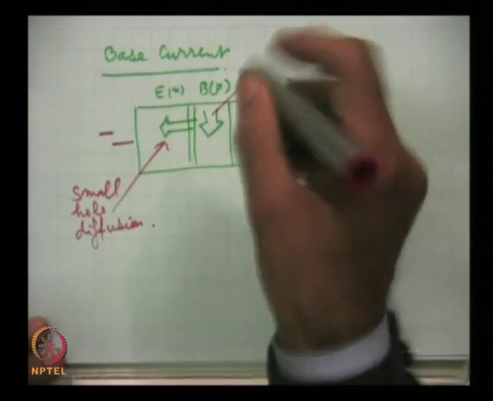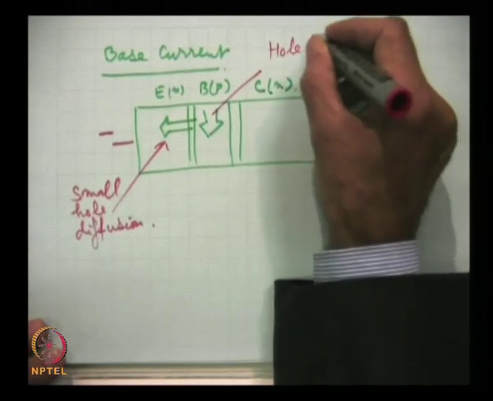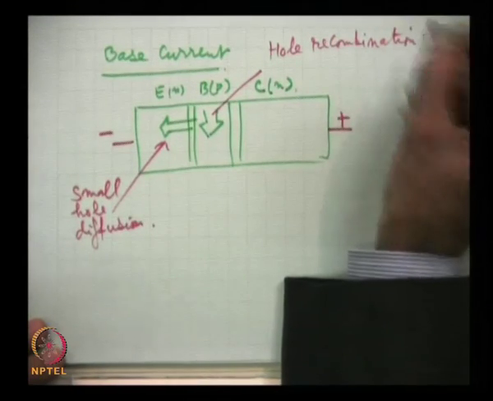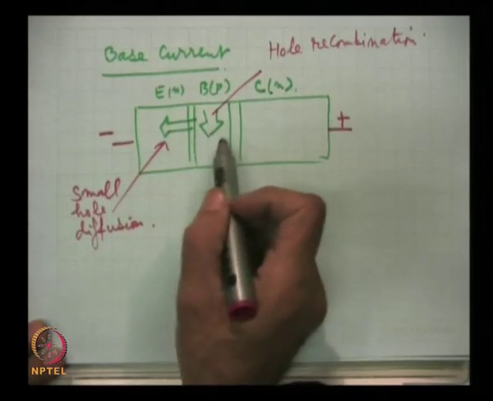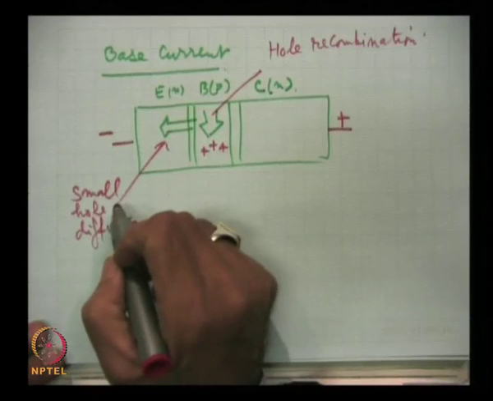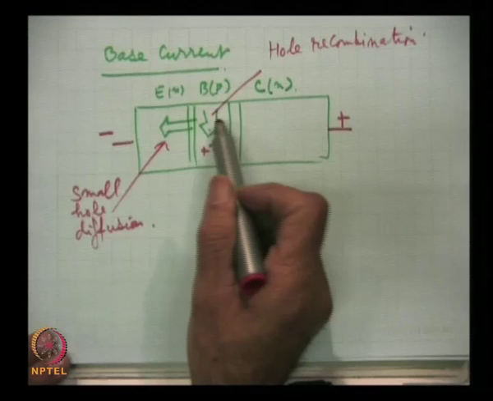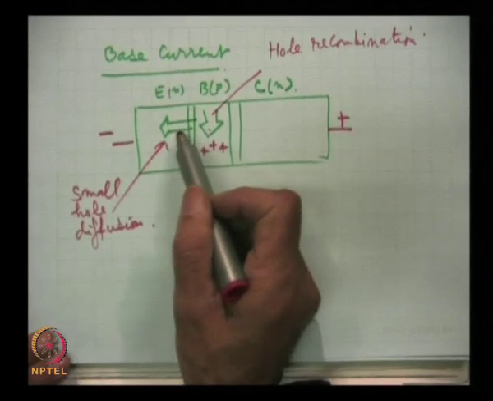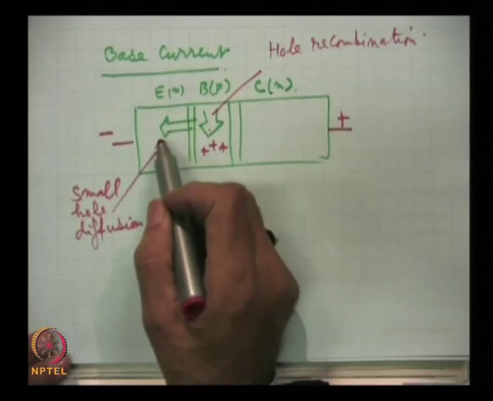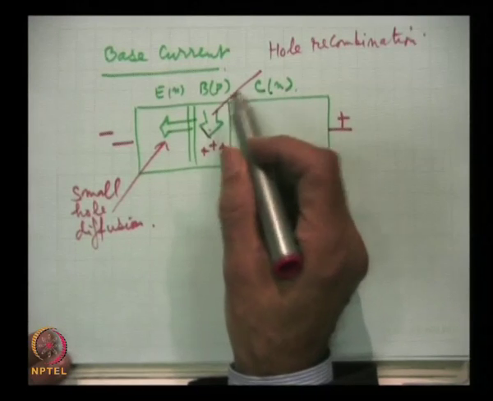So, from the P type base, holes have been lost in two ways. One is that a small percentage of holes have diffused towards the N region, the emitter region, and the other is the loss because of the recombination.